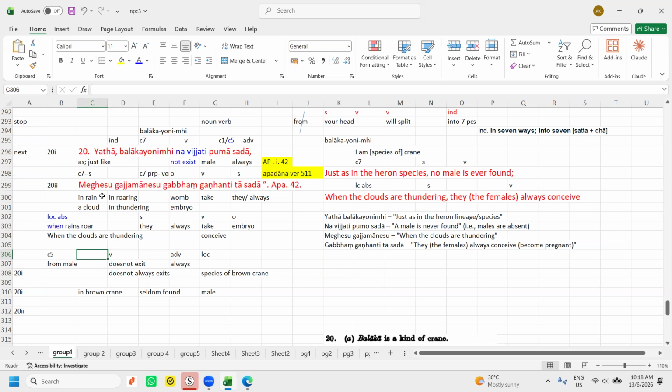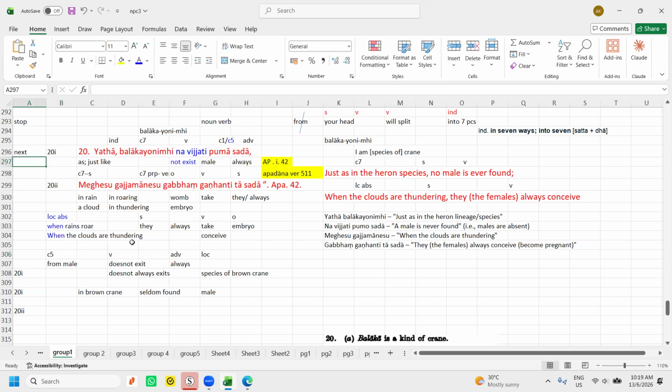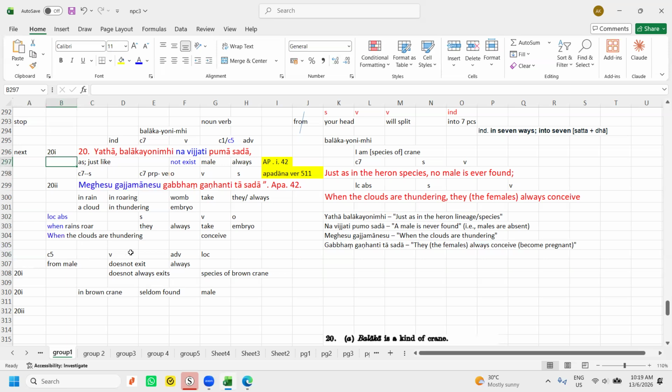There are two choices because you select either rain or cloud, roaring or thundering. So these are the two possible ways of translating: when the clouds are thundering. So this line is a locative absolute. Now, next.